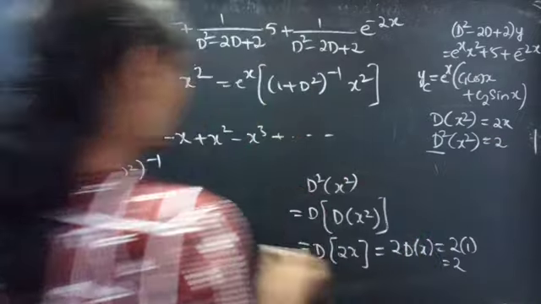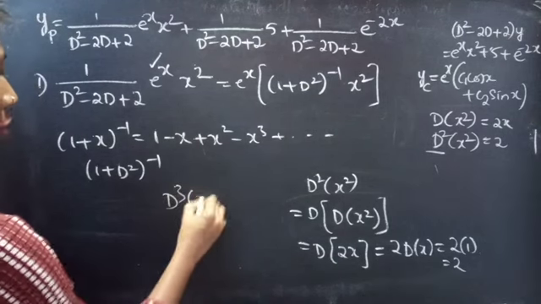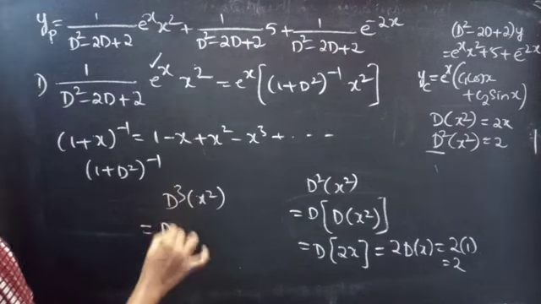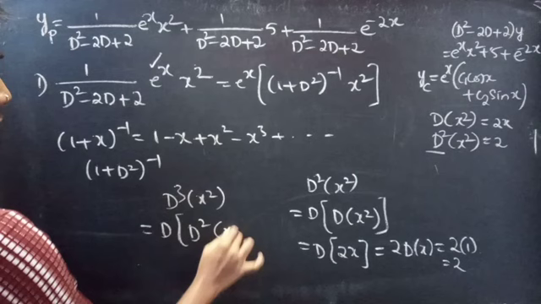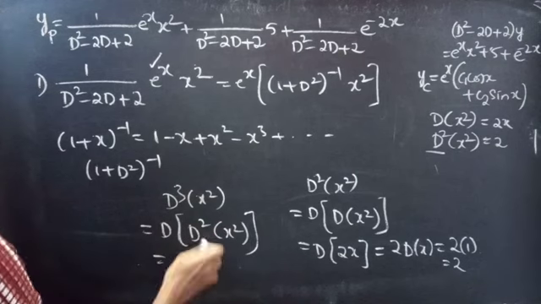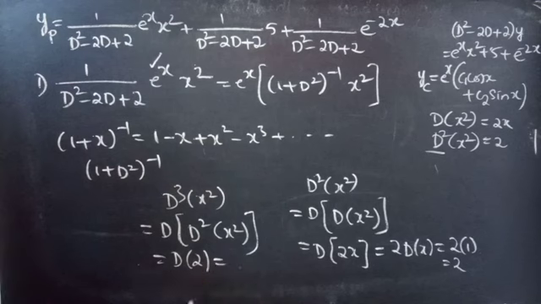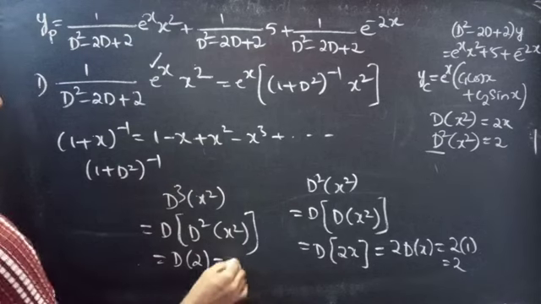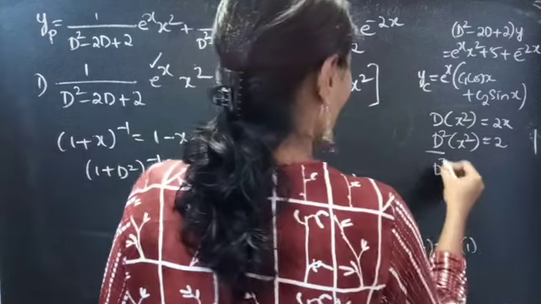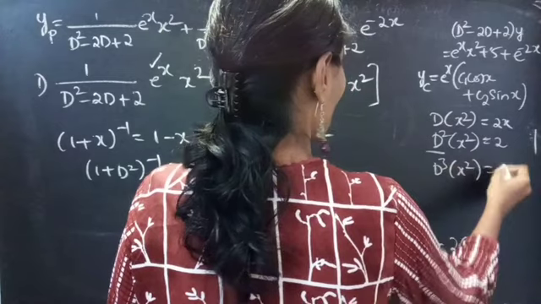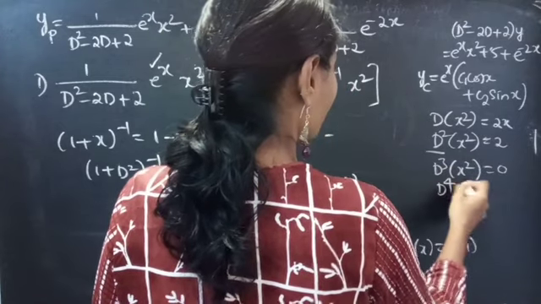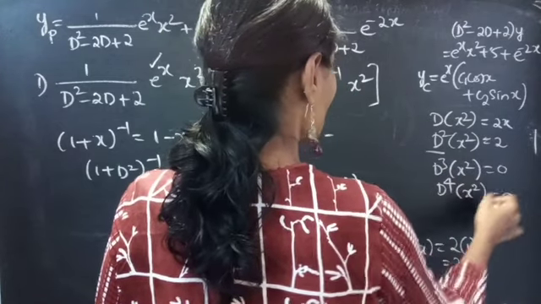Now let's find D cube of x square, which is equal to the derivative of D square of x square. Since we have D square of x square value, which is 2, a constant, and we know that the derivative of a constant with respect to x is 0, we'll get D cube of x square is 0. Likewise, we'll get D power 4 of x square is equal to 0 and so on.